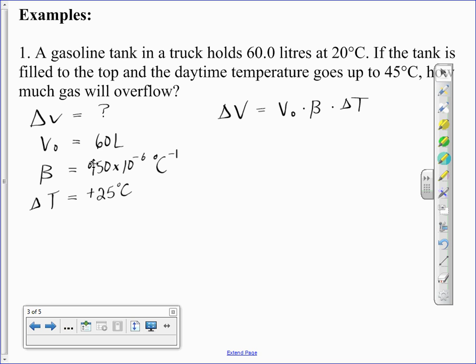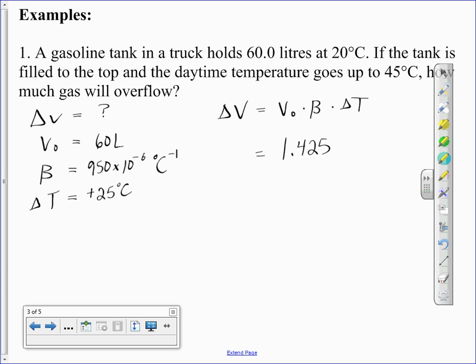Let's all take our calculators out now and multiply these numbers together. 60 is your original volume times the coefficient times the change in temperature. And I get an answer of 1.425.